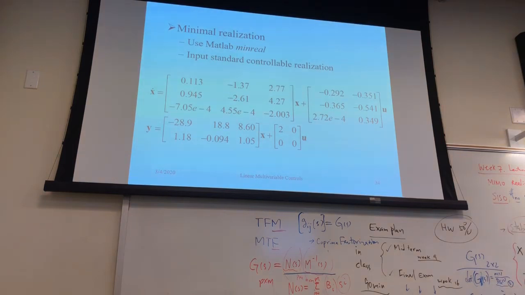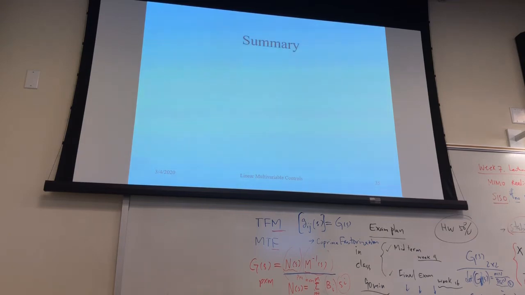Okay, so let us summarize what we learned today. It's called MIMO realization, and we can do controllable or observable. It's a direct extension of SISO realization. It's direct, so it is easy.